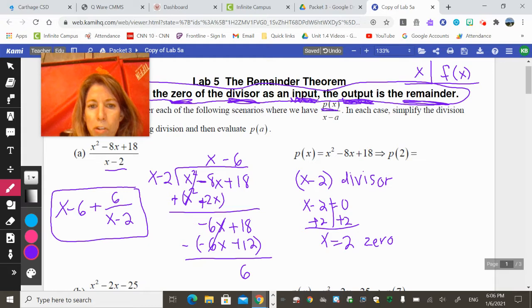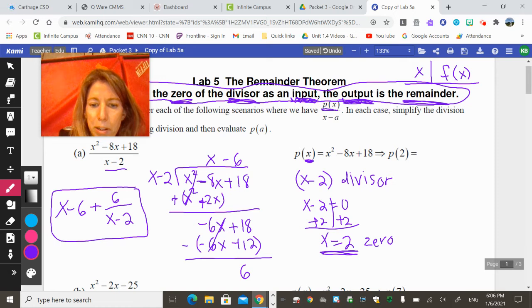So I'm going to use the zero of my divisor. I'm going to use x equals 2, and I'm going to substitute. I'm going to put that in for my input of the function p of x. That's what p of 2 is. Instead of an input of general x, I'm going to plug in the zero of my divisor.